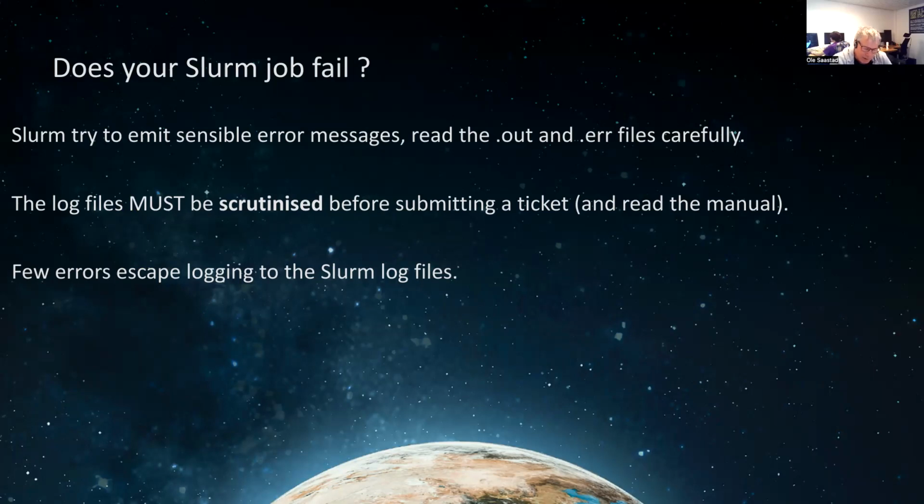And when you submit a ticket, copy the relevant part. Do not just attach the log files. That might be okay, but if you read the files carefully, you will easily spot where the actual problem is, and that will make it easier for the first line support to see in the text what the problem actually is, instead of having to download the Slurm files.